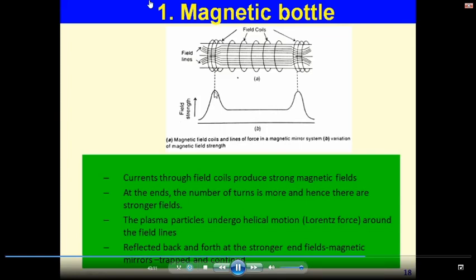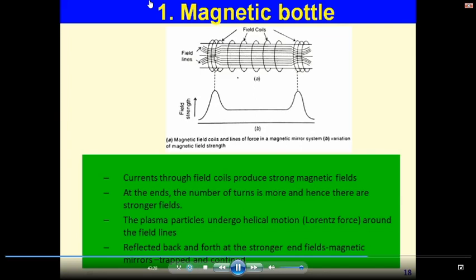Let us see how it happens. Here these are the wound field coils, and these are the field lines. You know that inside a coil, the field will be a straight line like this.